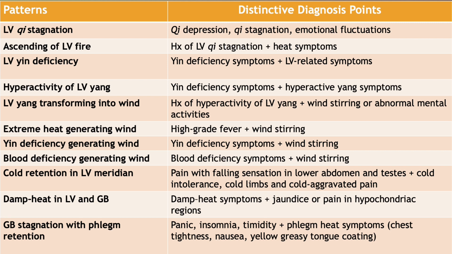Damp heat in the liver and gallbladder: damp heat symptoms, plus jaundice or pain in hypochondriac regions. And gallbladder stagnation with phlegm retention: there's panic, insomnia, timidity, plus phlegm heat symptoms like chest tightness, nausea, yellow greasy tongue coating.